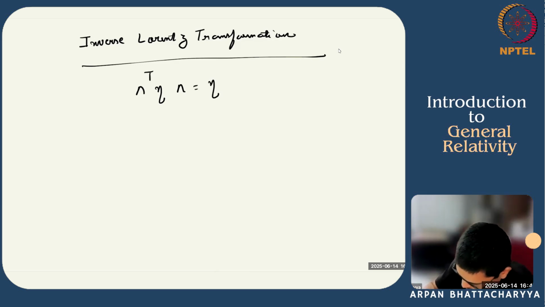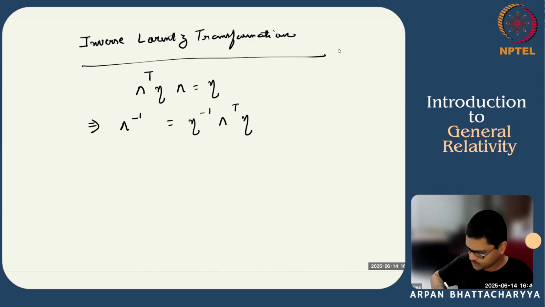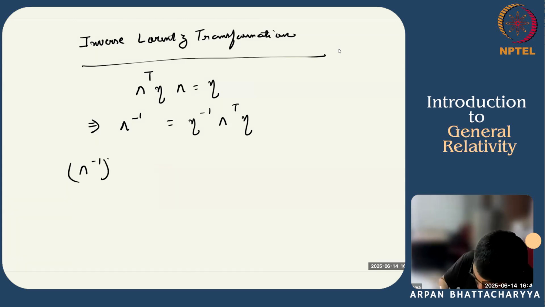So from this you can rewrite it and get the following: lambda inverse equals eta inverse lambda transpose eta. Now let's write this equation in components. Let's denote the component of lambda inverse as mu, and this side will have eta inverse, which will have this mu and let's say some index alpha.